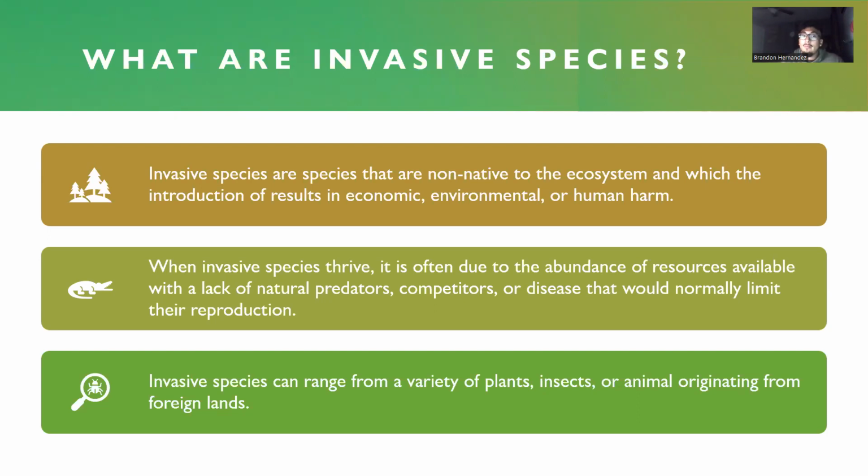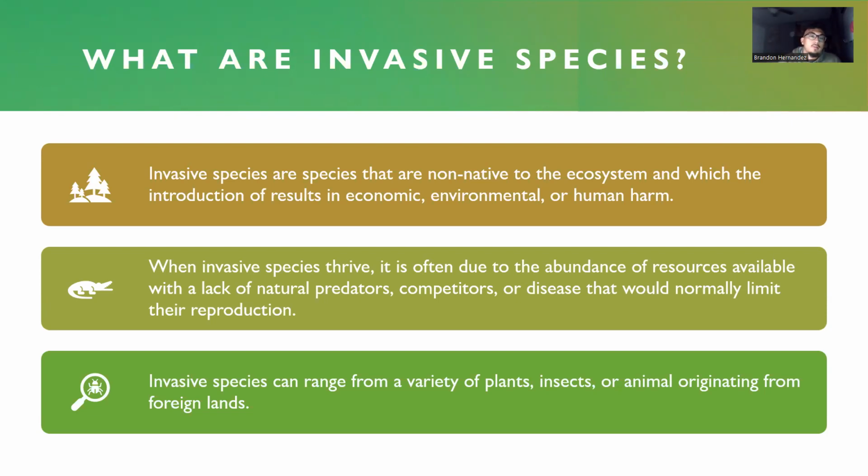However, when the environment is favorable, with a lot of food for them to consume, or they're able to make habitats, in combination with a lack of competitors or disease that would limit their reproduction, there's a lot that helps them reproduce and thrive, and not much that keeps them in check as it would in their homelands.